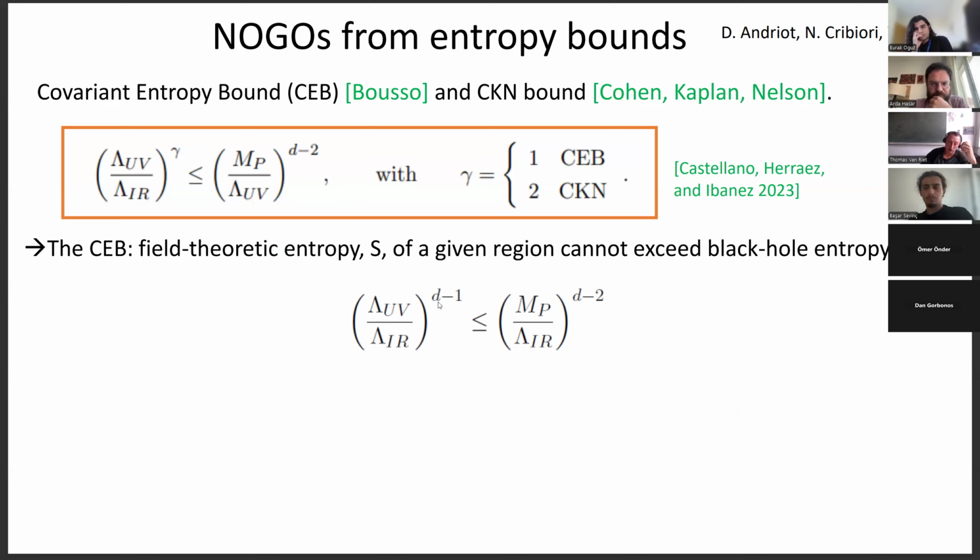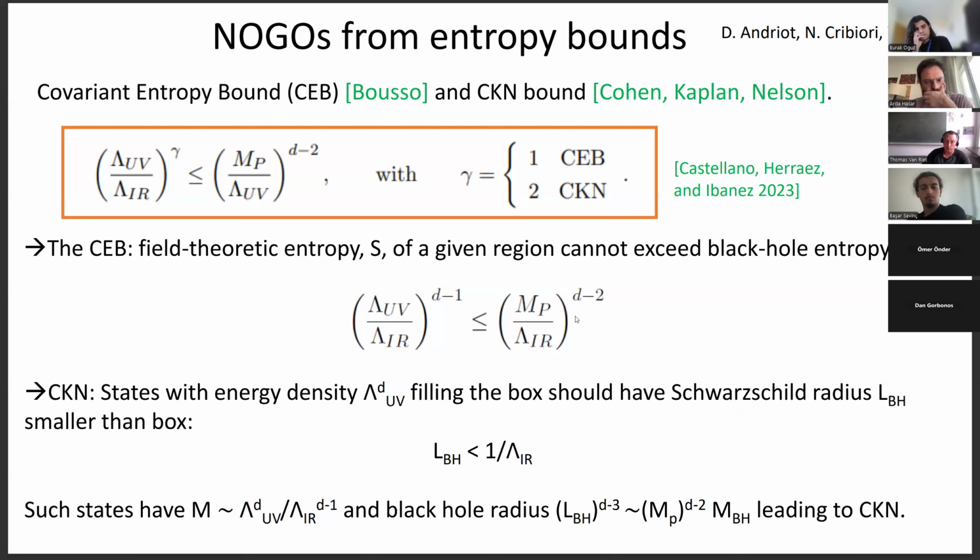So it's just a rough estimate. I have a quantum field. It has an IR cutoff. It has a UV cutoff. What are the degrees of freedom in that quantum field? That gives me a certain entropy. And then you say, okay, that entropy should not overshoot the Schwarzschild radius entropy, and then you get to this inequality. Okay.